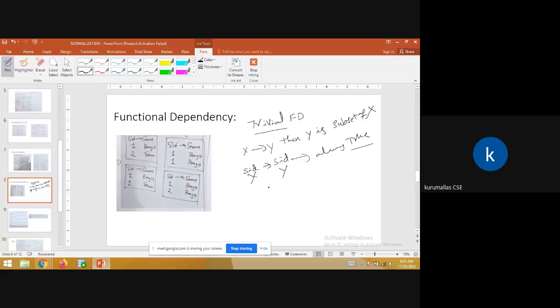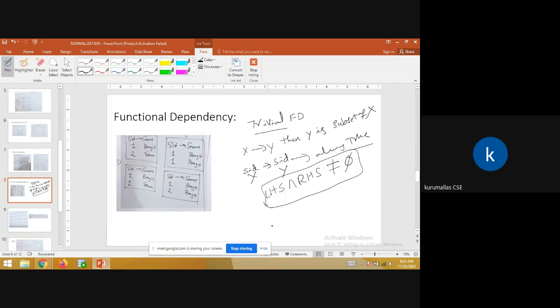Here the condition is that left hand side intersection right hand side is not equal to null. Some attribute should be common, right? This is one type of condition: left hand side intersection right hand side not equal to null.